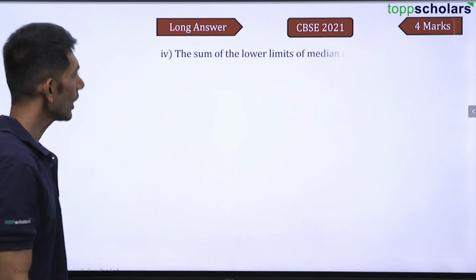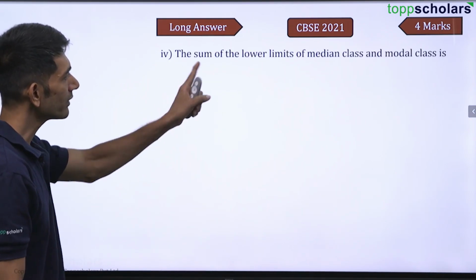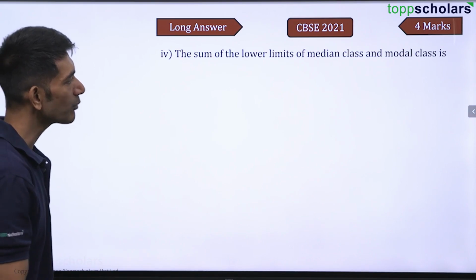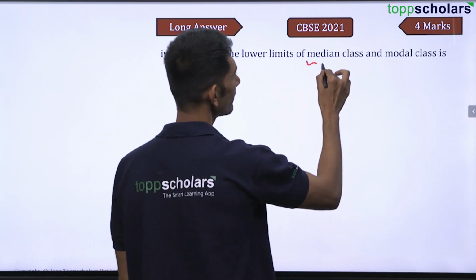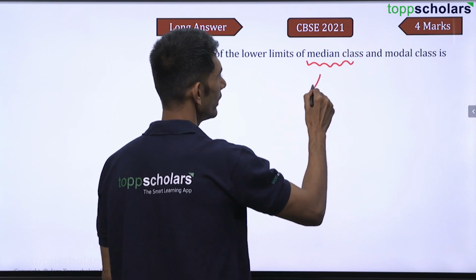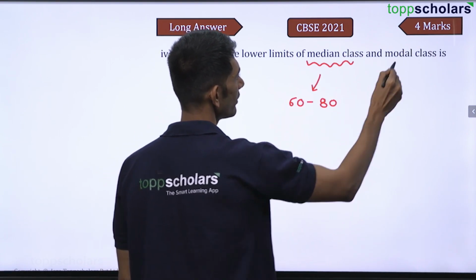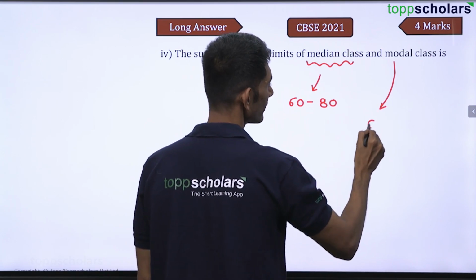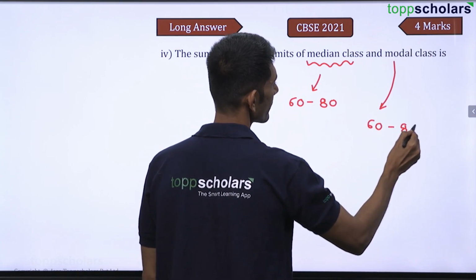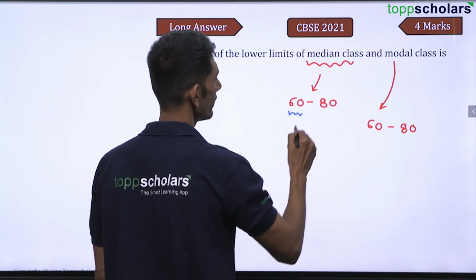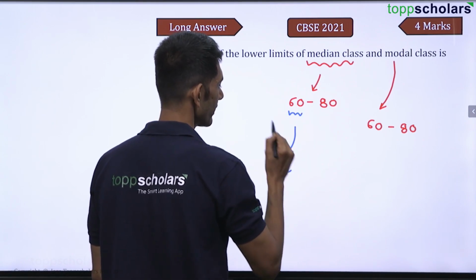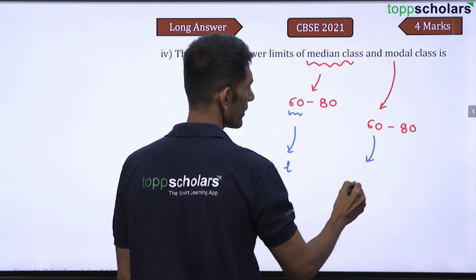Okay. Now the next question says, what is the sum of the lower limits of median and modal class? Now see, median class, we know it is 60 to 80. What is the modal class? The modal class is also 60 to 80. What is the lower limit here? Can I say the lower limit is 60? What is the lower limit here?